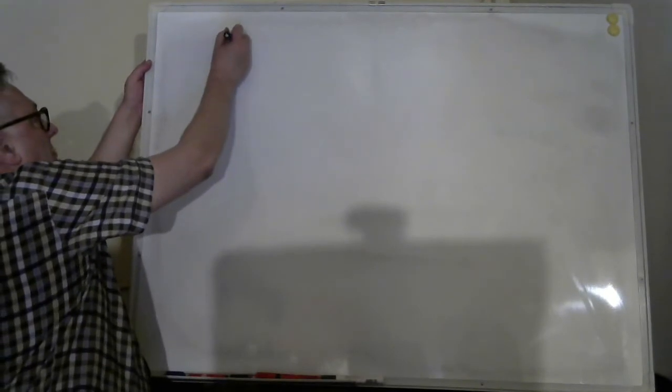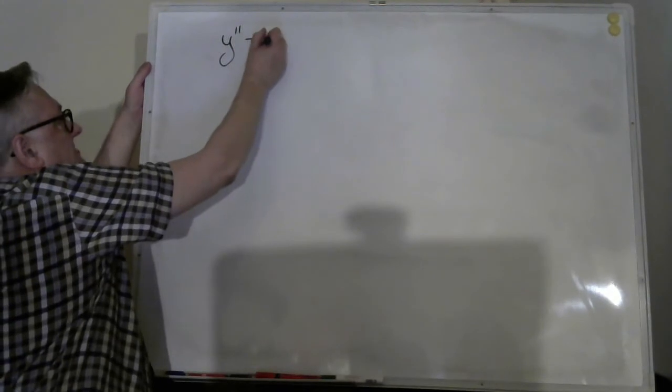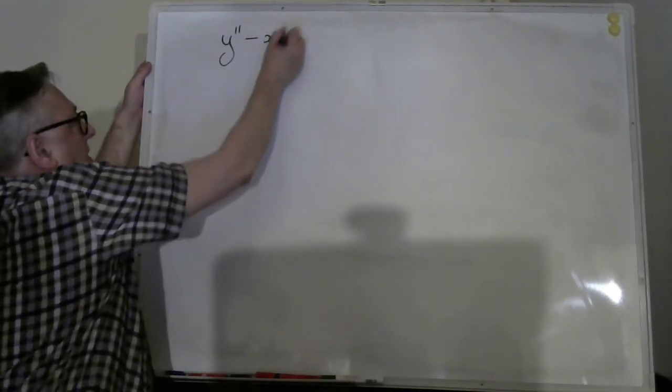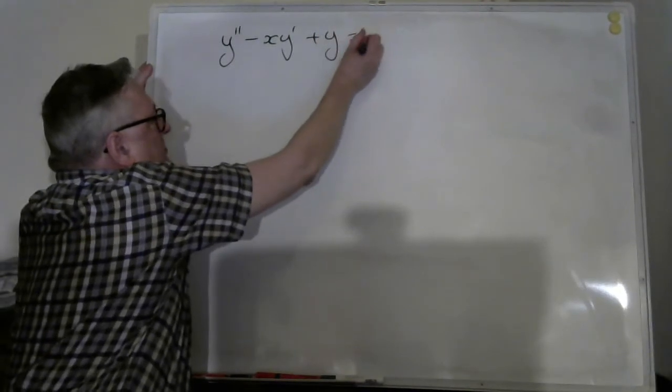So I'll write the equation down that we're going to look at, and the equation is y double prime minus x y prime plus y equals 0, and we'll call that equation 1.